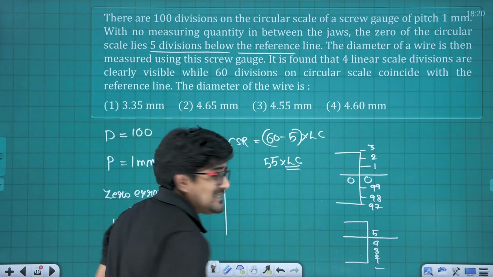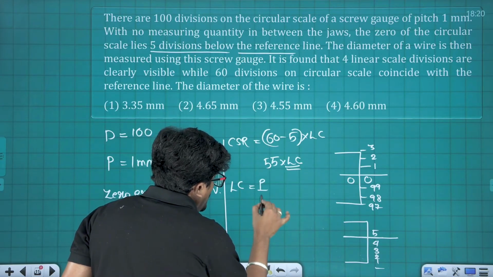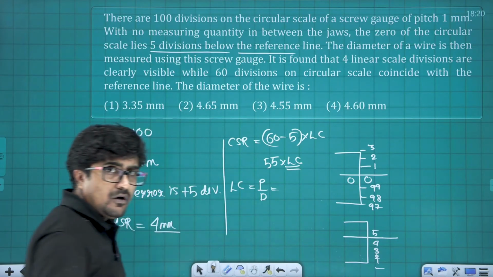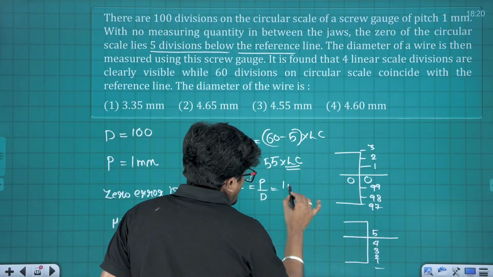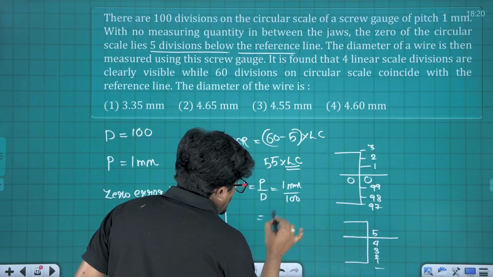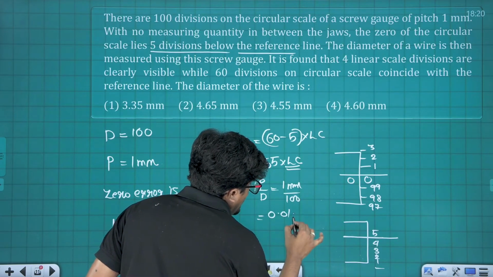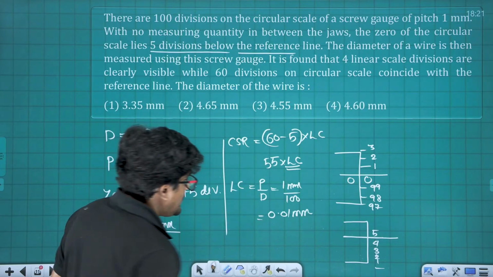Now the point is, what is least count? Least count is pitch upon number of divisions on the circular scale. Pitch was 1 mm and here this is 100. So this is going to be 0.01 mm. 0.01 mm into 55 is going to be what?